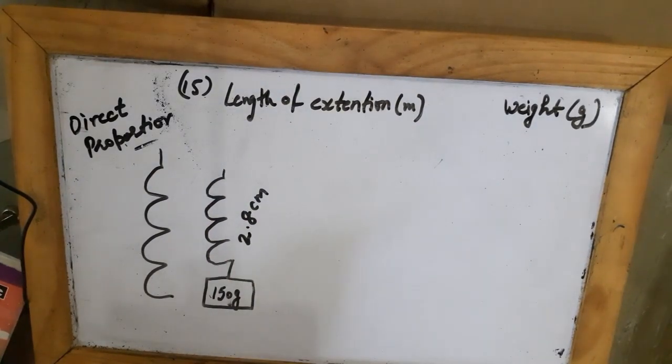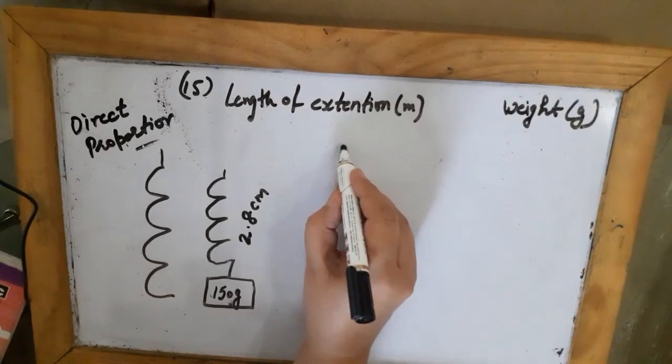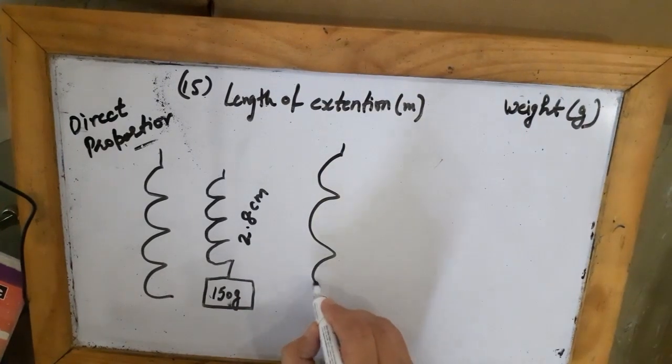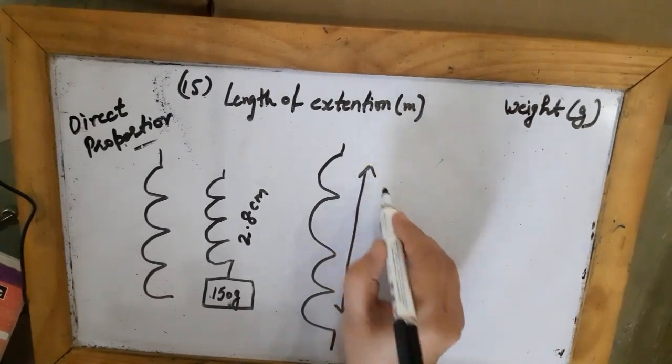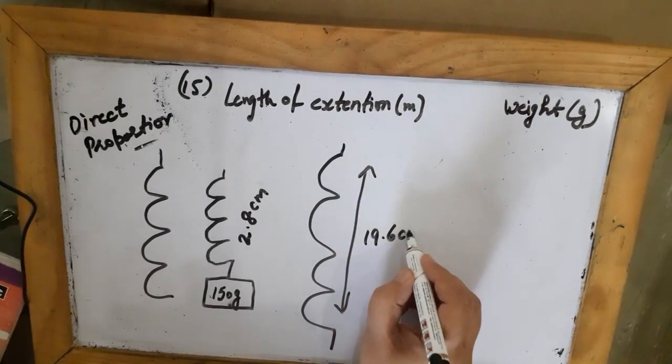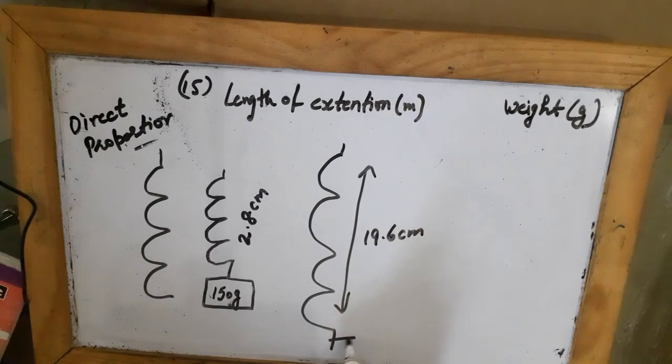Right? Now they are saying what weight would produce an extension of 19.6 centimeters. और अगर ये extension है 19.6 centimeters, अगर ये extend हो गई है 19.6 centimeters, it means how much weight I have put over here.